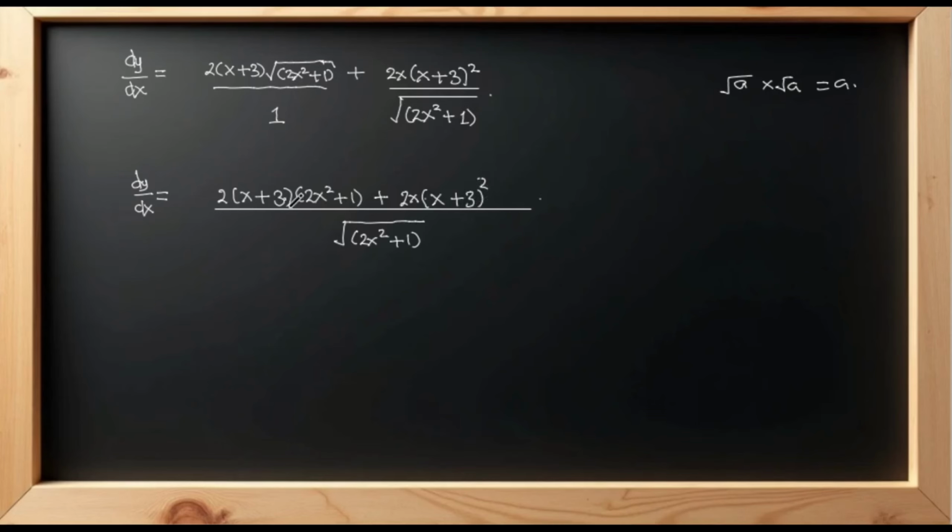Now when we study the numerator carefully, you realize that we have some terms which are common: this term here with the x plus 3 is common with the next term here, and then 2 is also common. So you can pull out those common factors, because the question is asking us to simplify our work.